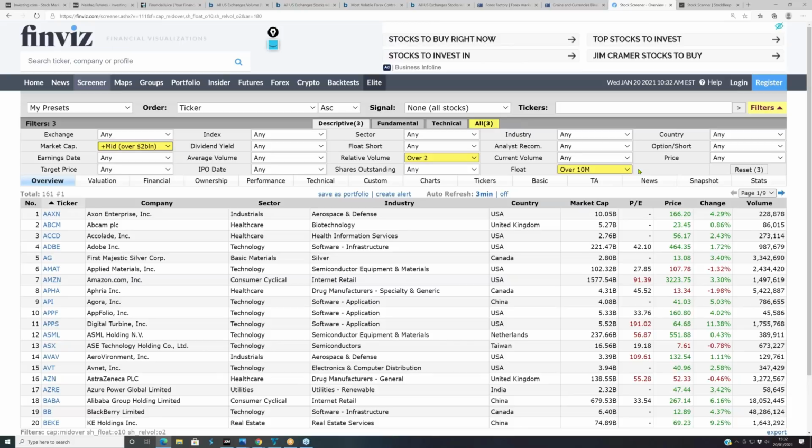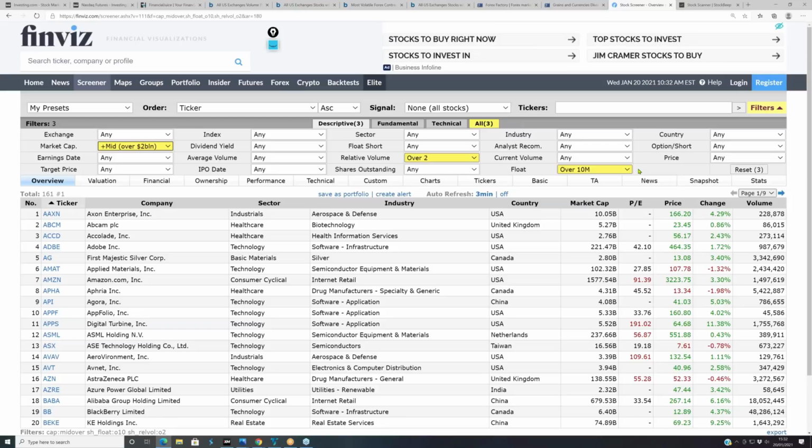When you have a float that is very large, it is more difficult for the market maker to move the share price, because the market maker is there to make a price. When you buy something from a broker, he will quote you one price, but if you want to sell it again, you won't get what you paid for it, you will get less.